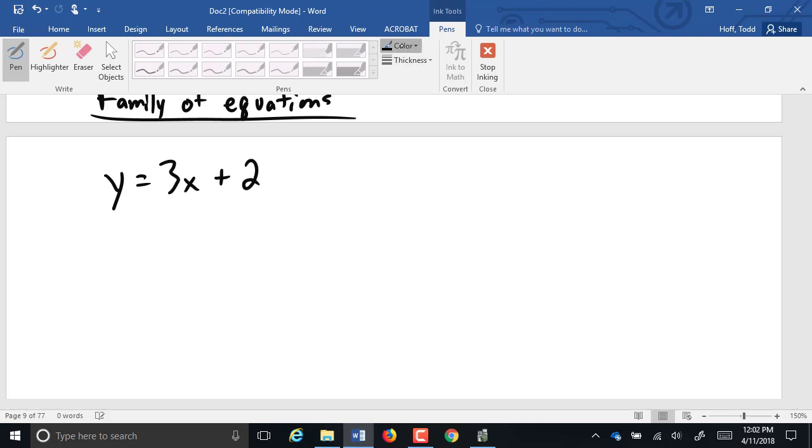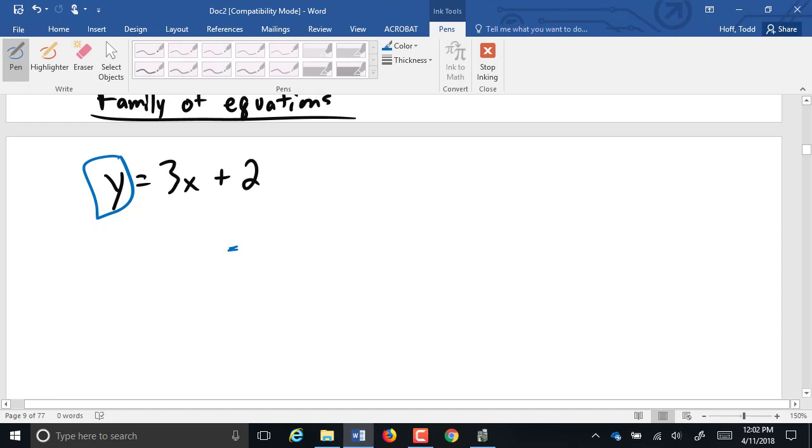Well, we can't write all of the equations in that family, but we can express them like this: y equals 3x plus 2, where y is representing that we can put any number we want in there and still solve this equation. Well, we can now represent the solution to all these equations in a couple of different ways.